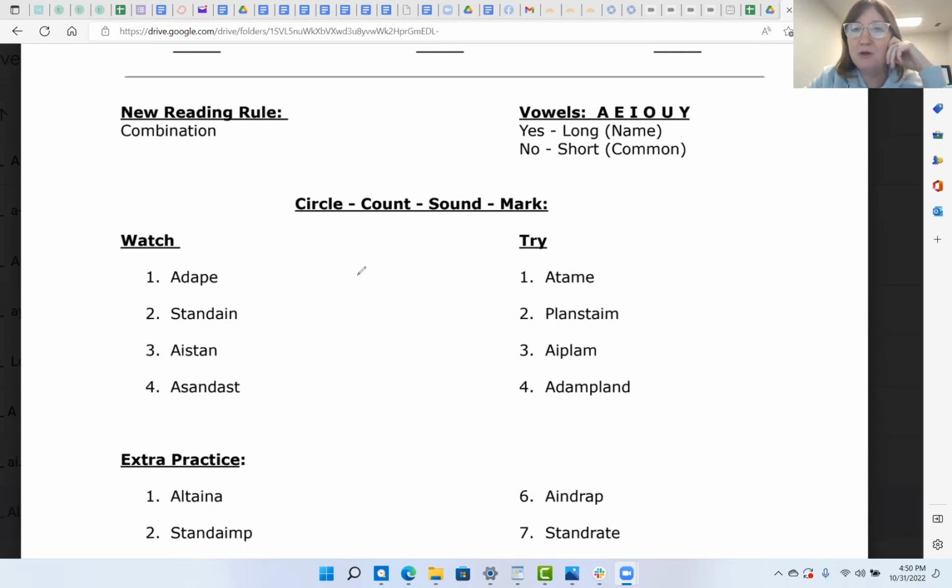You can unmute right now if you have any questions about any of these rules so far before I go on. If not, we're going to keep going. You must be hanging in there.